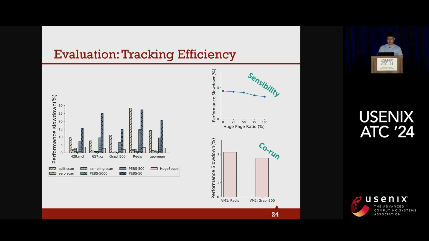First, for the page tracking overhead, we can find that tracking by split pages and high frequency PEBS cause significant performance slowdown. However, for our HugeScope, the overhead remains low even in multi-VM and different huge page numbers.